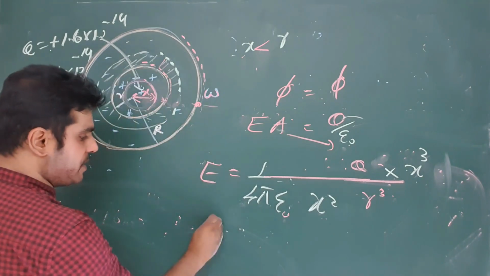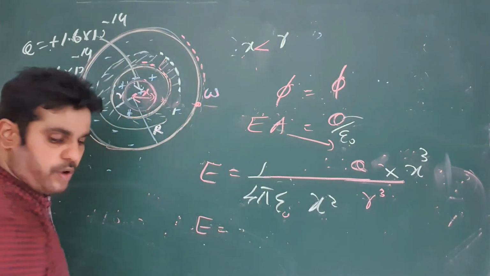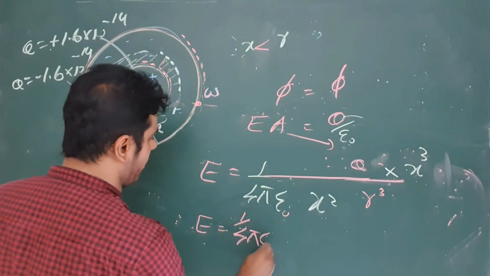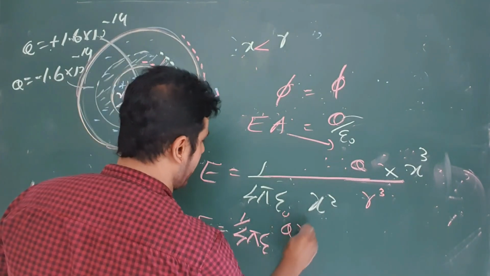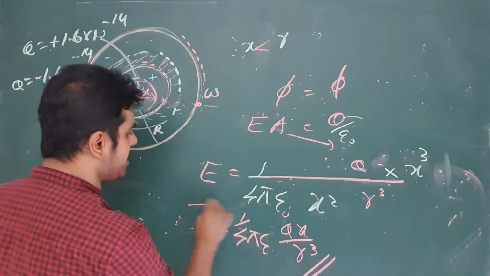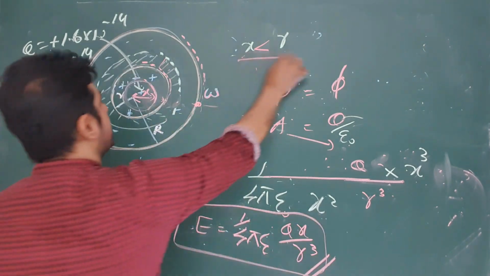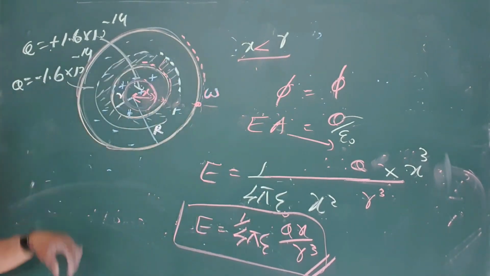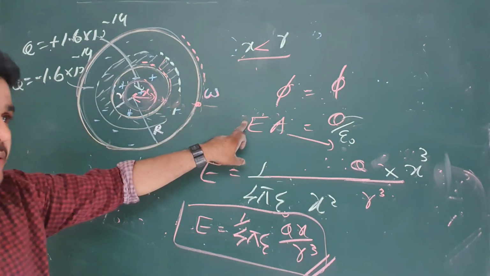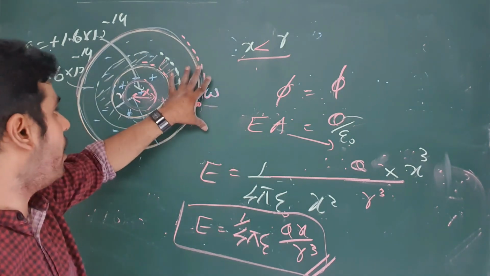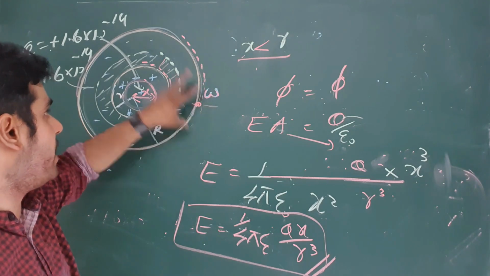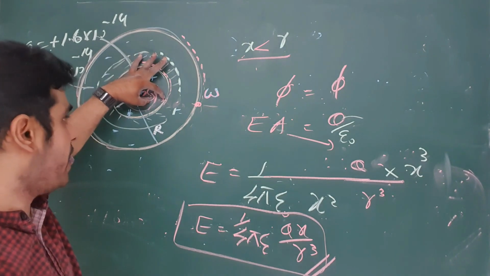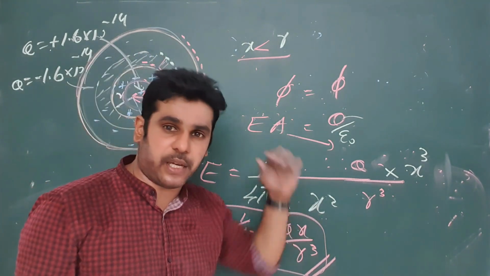Now again E equals 1 over 4 π epsilon naught, q x divided by r cube. Now this is the value when x is less than r. Now this is the method to find the electric field intensity outside the nucleus, inside the first strip, on the surface, and inside the second strip. This is the method to find the electric field intensity.